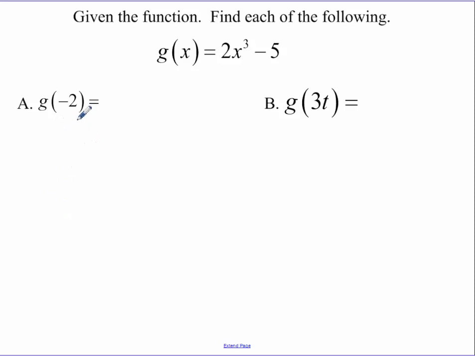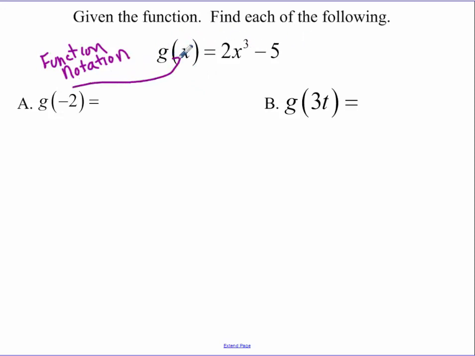Okay, this is function notation. Given the function, find each of the following. In function notation, instead of having a y on this side, it tells me g is a function of x, and that's my equation.